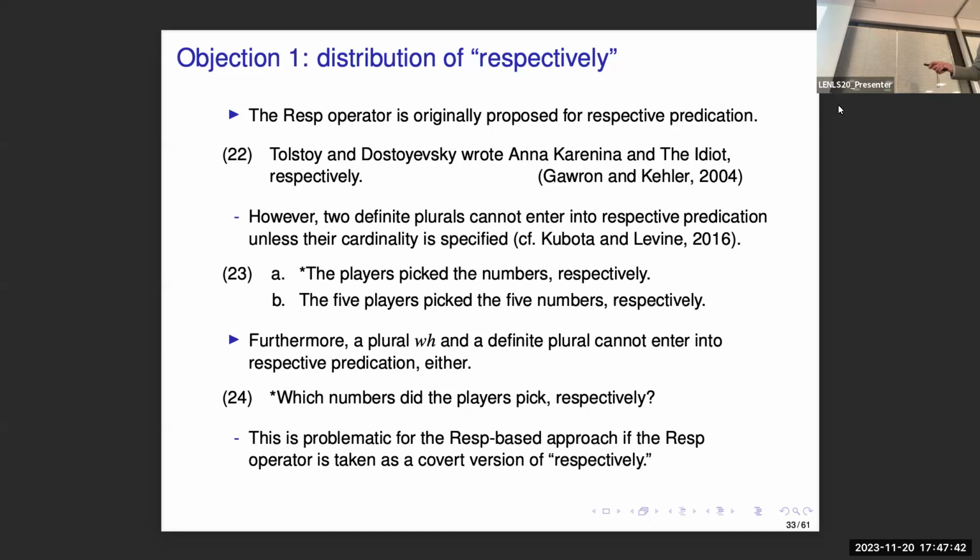And you can do this kind of thing with non-conjoined plurals like 23b, but just distinct plurals can't really participate in this kind of predication. And most importantly, which numbers did the players pick respectively is not a really fine way to ask the question. And this is not expected if you put in a covert version of respectively.